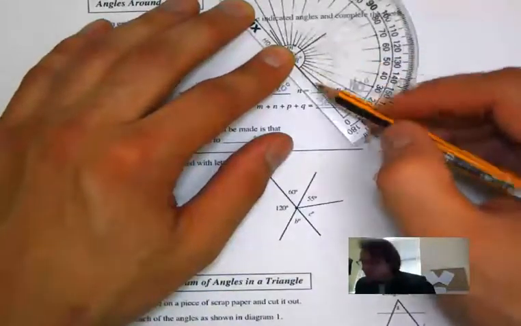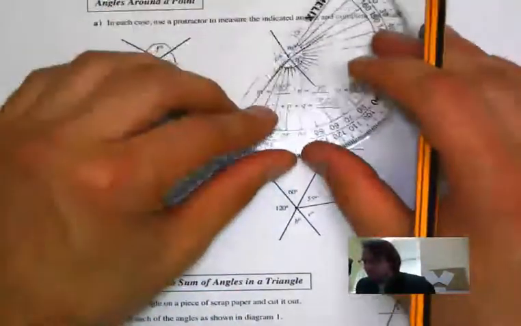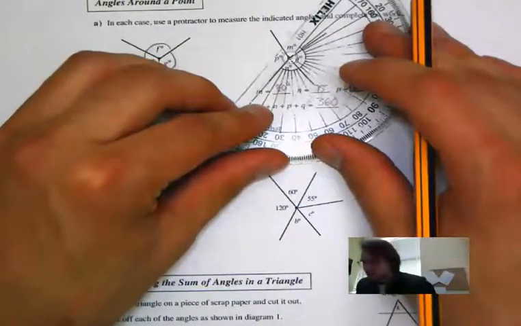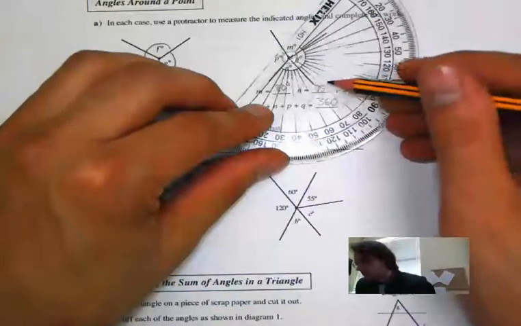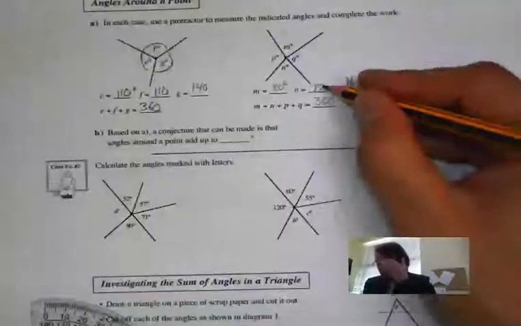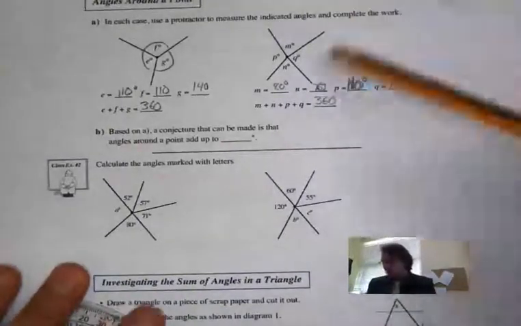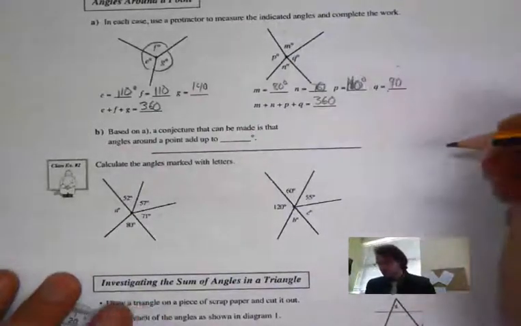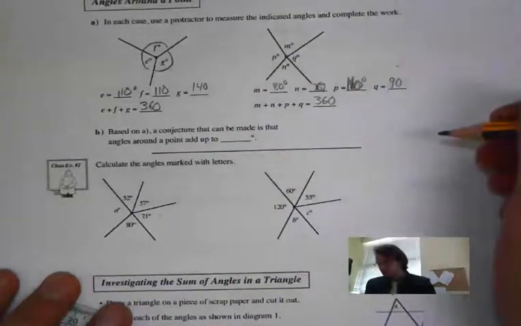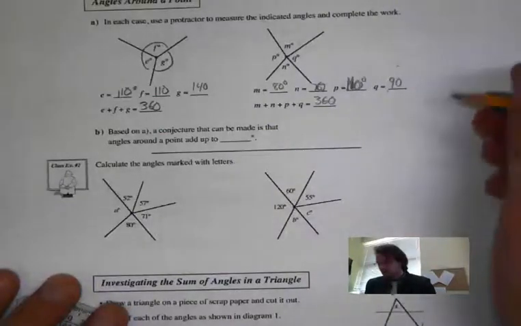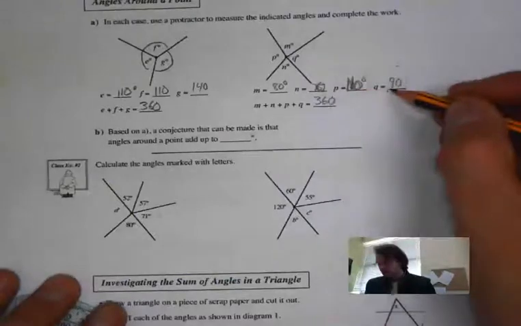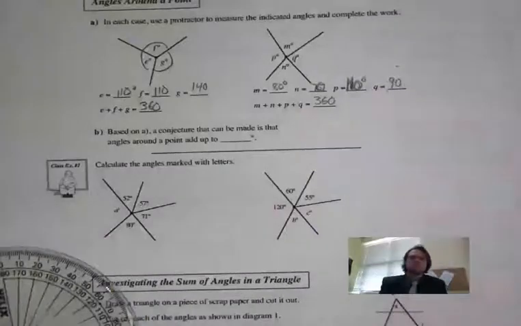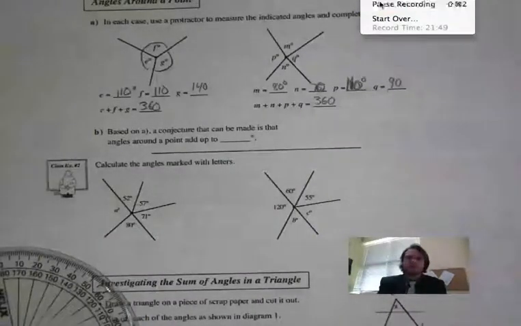Q is close to 90, and N is 70. So N is 70, and Q is closer to 90. Alright, so we take a look at that. So let me get 360.